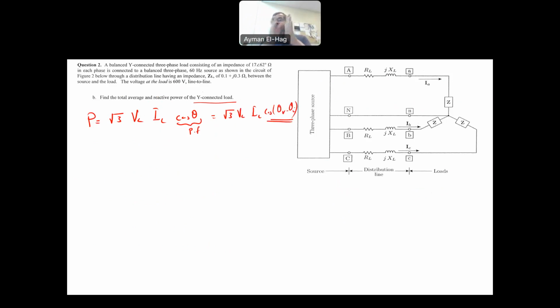The phase quantities, the phase voltage and the phase current, which is basically the angle of the phase impedance, because Z of the phase, this Z, is equal to VAN, if we call this AN, divided by the current that goes through this, I A. This will have theta V, and this will have theta I. So this is equal to VAN divided by IA angle of theta V minus theta I. That is the power factor angle. So you have to be very careful that you have to use the phase quantities.